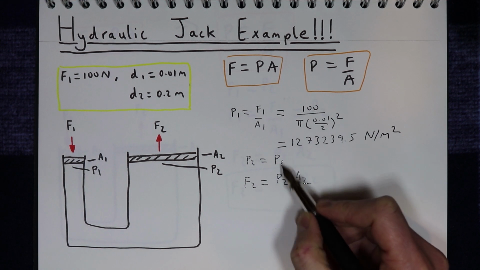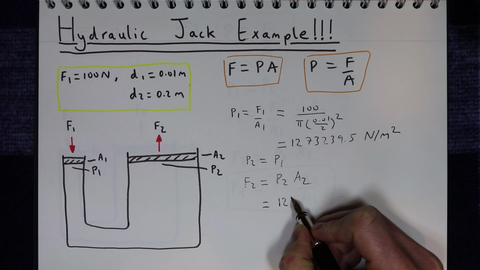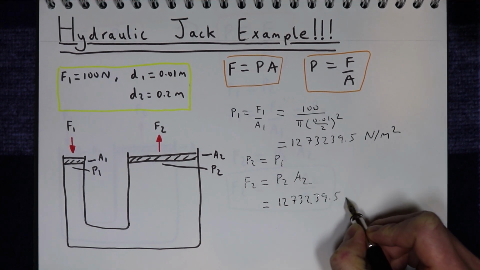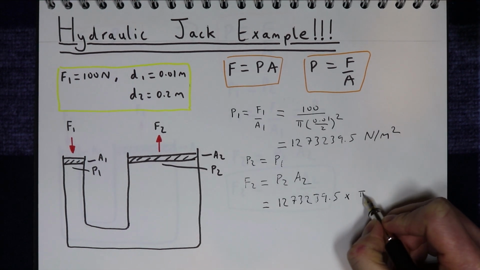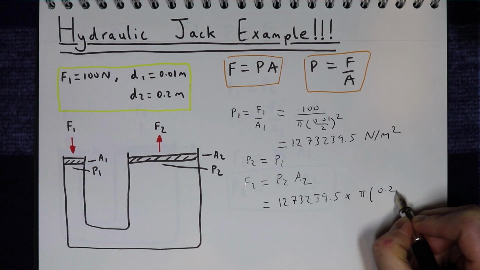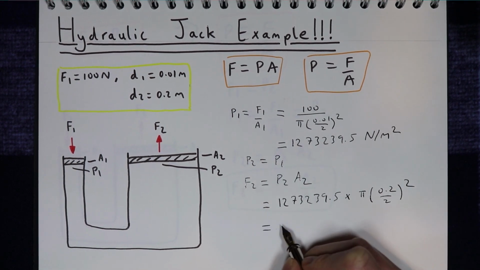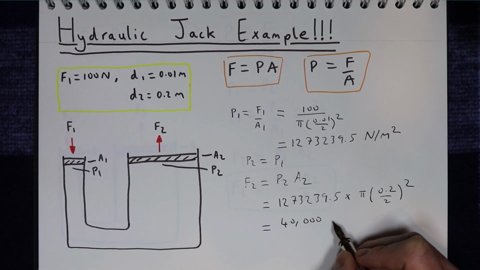But remember that P2 is equal to P1, so P2 is going to be what we've just calculated, 1273.2395 times A2, which again is going to be pi r squared, so pi times our diameter over 2, squared. And that gives us a final force of about 40,000 newtons.